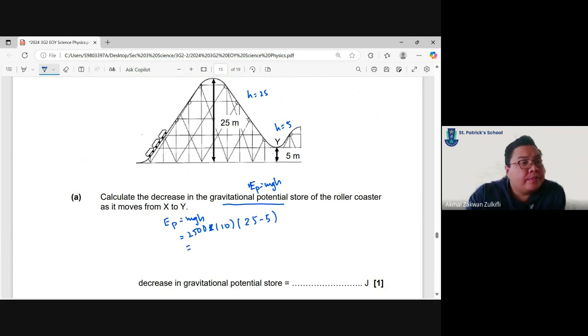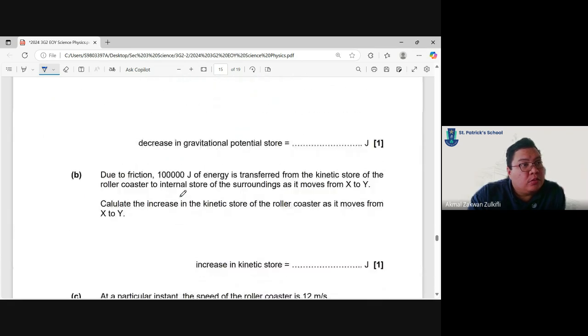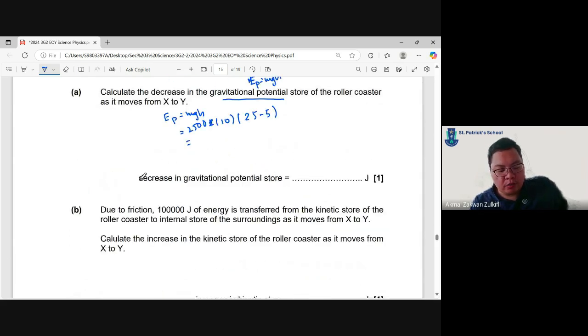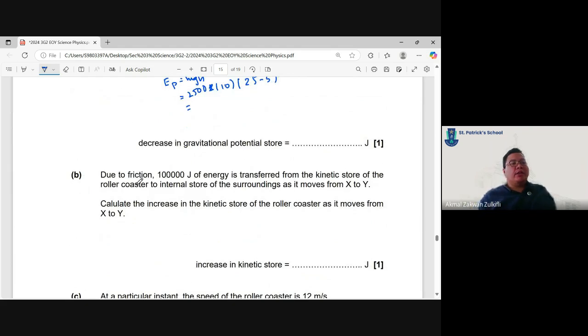Now the next one, they ask you: due to friction, 1000 joules is transferred from the kinetic store to the internal store. Calculate the increase in the kinetic store as it moves from X to Y. A very important thing is that the decrease in the gravitational potential store goes into the kinetic store.